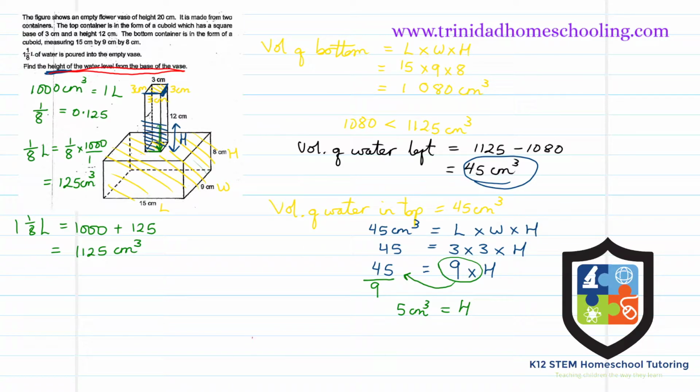So the height from the base will be this 5 centimeters plus the height of the bottom container, which is 8. And this will give you a height of 13 centimeters. And that is the answer to this question.